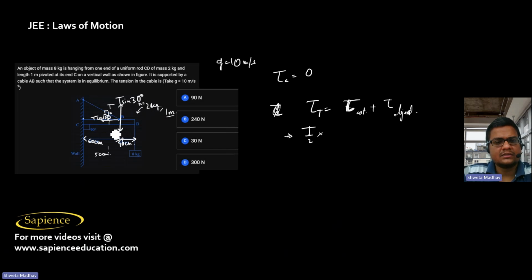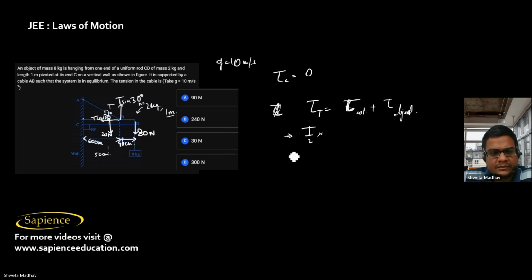And here the weight is not acting. The weight of the rod is acting at its center of mass only. The weight will be 20 Newton, and here we have 80 Newton. So this is at 60 centimeter.